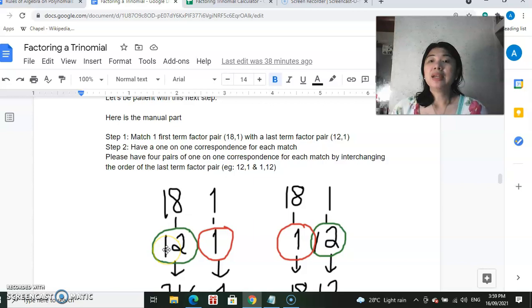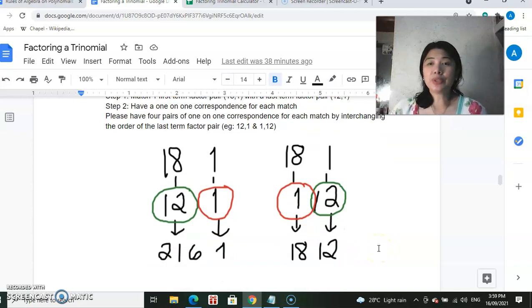And then for the first trial here, 18 is paired with 12 and then 1 is paired with 1. For the second trial, balihon na nato ang kaning sa second term. So 12, 1 na ay trial na 1, 12.